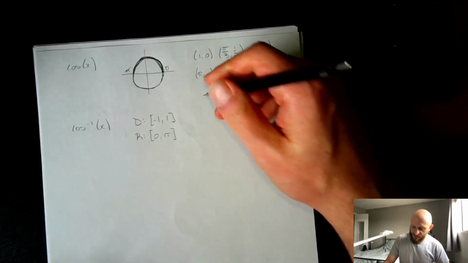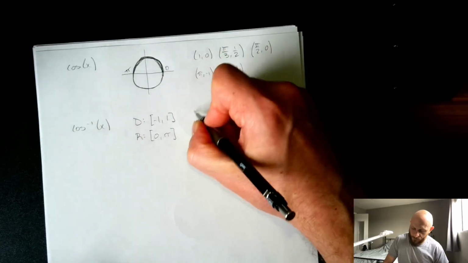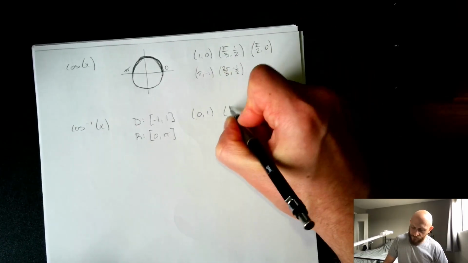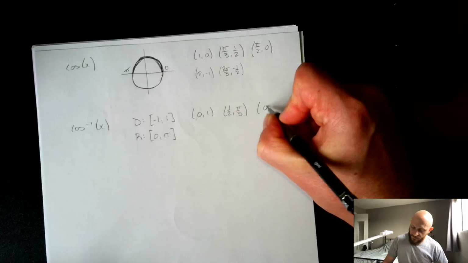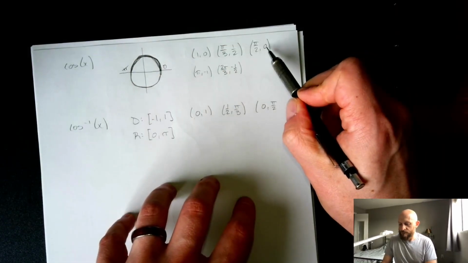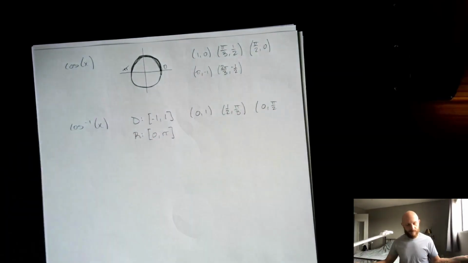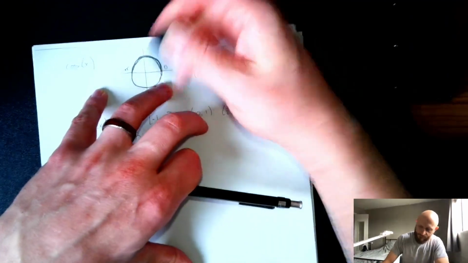Okay, so what does that mean? It means that the cosine inverse is going to go through the points. Just flip all of these. It's going to go through 0, 1. It's going to go through 1/2, pi over 3, through 0, pi over 2. Wait a second. Sorry, I'm silly. You probably saw this and you're like, wait a second, that's not right.